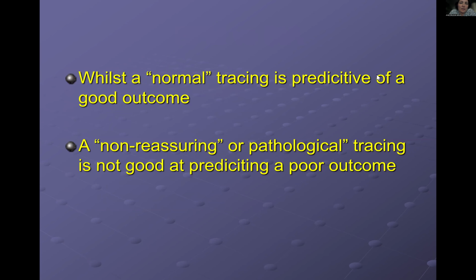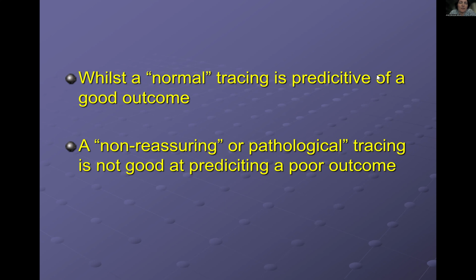So the conclusion of the randomized control trials comparing the CTG versus intermittent auscultation is that a normal tracing, as long as you interpret it well, is what matters.